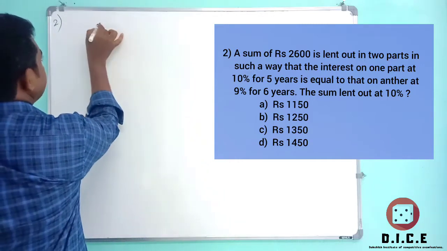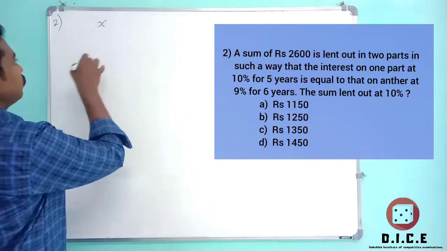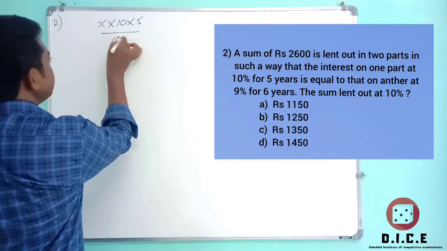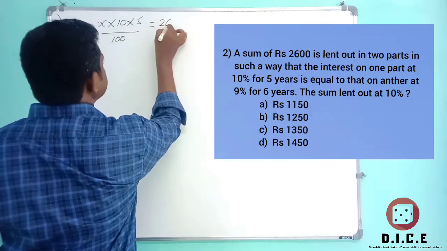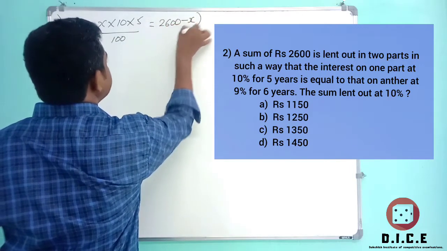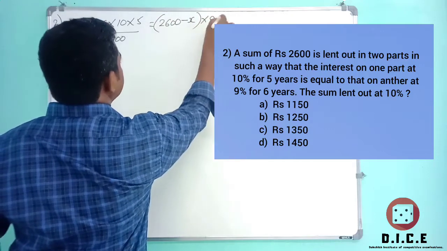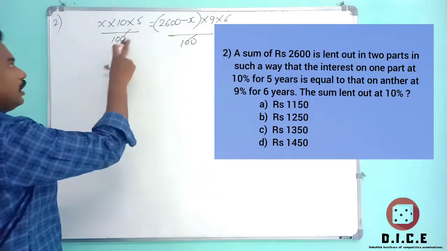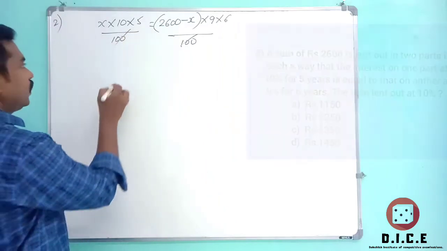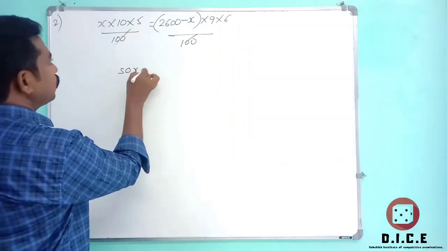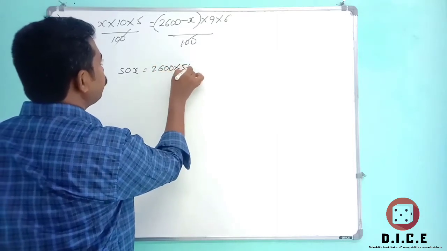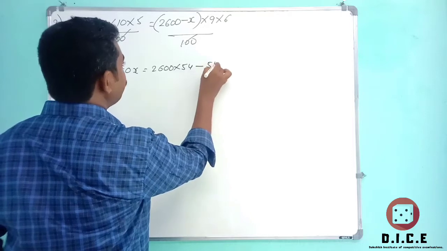Now let us consider that he lent x at 10%. X into 10 into 5 by 100 is equal to (2600 minus x) into 9 into 6 by 100. The 100 gets cancelled, because the two interests are the same. 50x is equal to 2600 into 54 minus 54x.